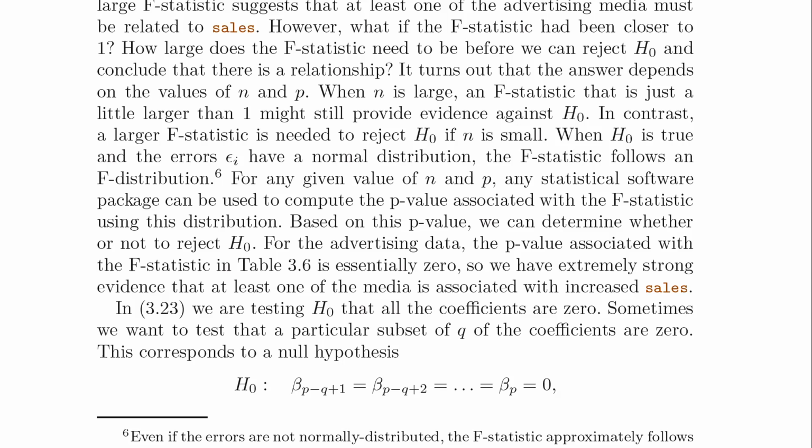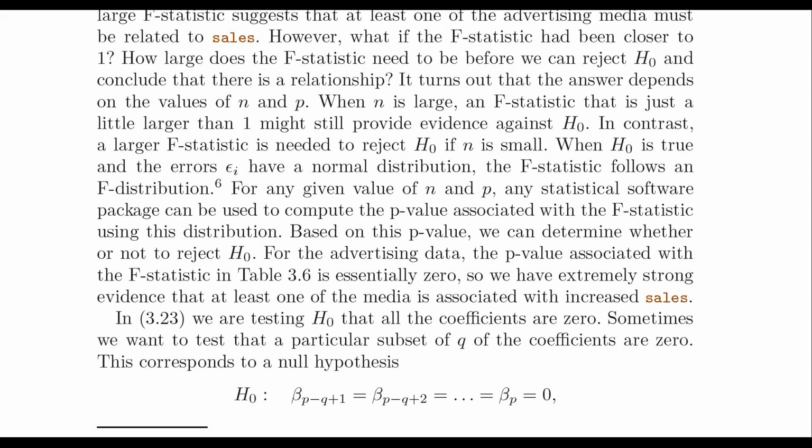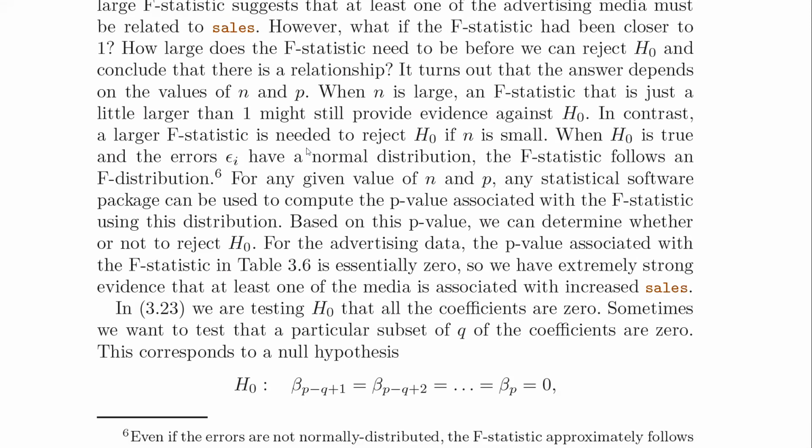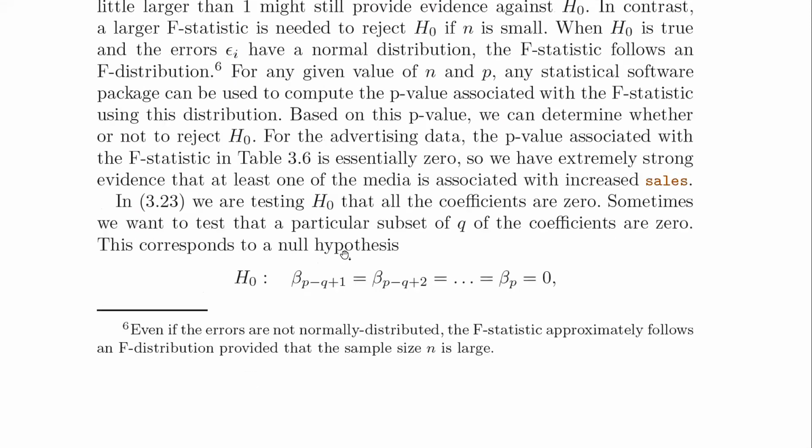When H0 is true and the errors epsilon i have a normal distribution, the F statistic follows what we call an F distribution. And I haven't even started RStudio, but it's probably a really good idea. It takes some time to load, but we'll look at this F distribution.